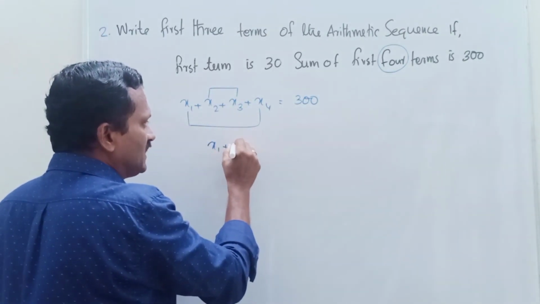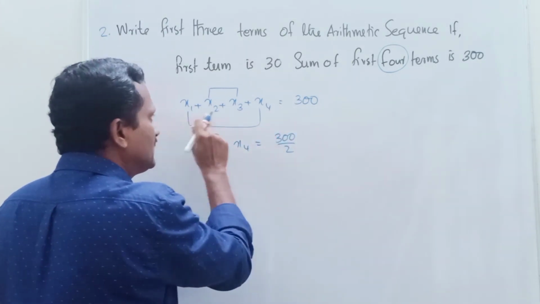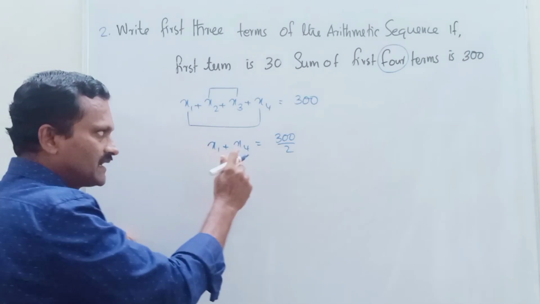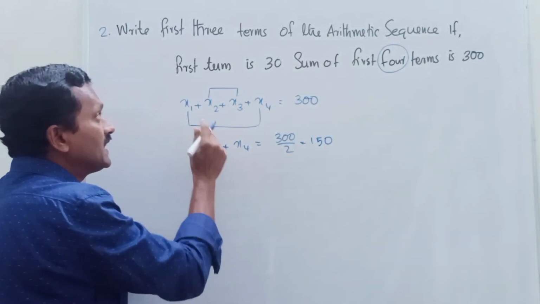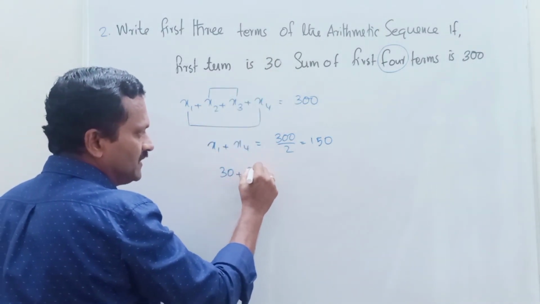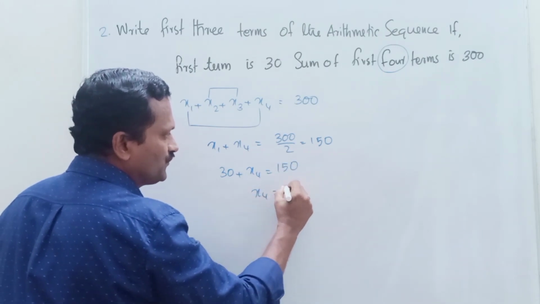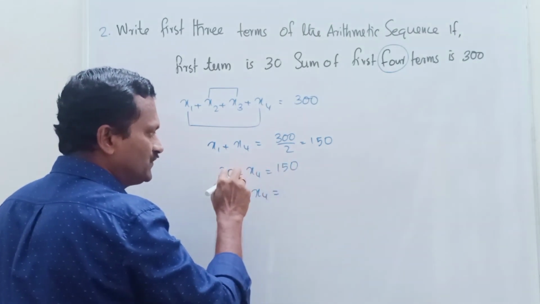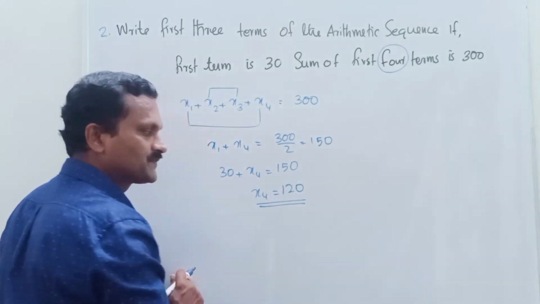Therefore, x1 plus x4 equals 300 by 2, as there are two pairs. 300 by 2 equals 150. Given that x1 equals 30, then 30 plus x4 equals 150. Therefore, the fourth term is 150 minus 30, that is 120.